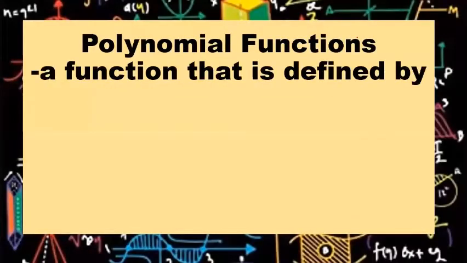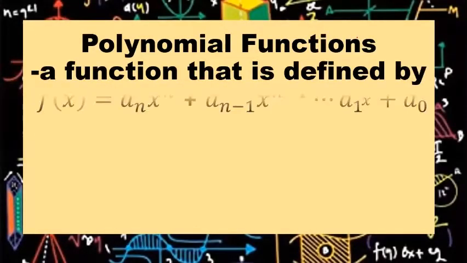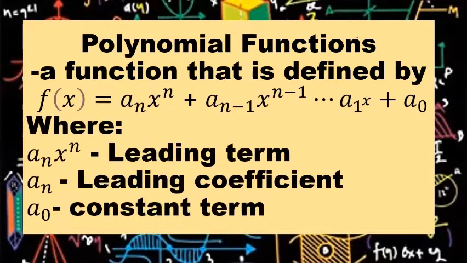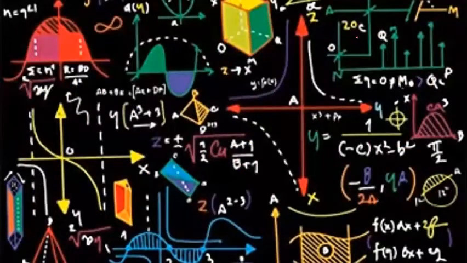Polynomial functions. A polynomial function is defined by f of x equals a sub n x raised to n plus a sub n minus 1 x raised to n minus 1, and so on and so forth, a sub 1 x plus a sub 0. Where a sub n x raised to n is the leading term, a sub n is the leading coefficient, and a sub 0 is the constant term.